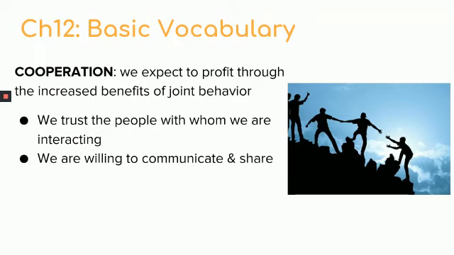Obviously, cooperation would happen most if we trust the people we are interacting with, and it would be optimal if we are willing to share and communicate. You need to coordinate things and communicate to cooperate.